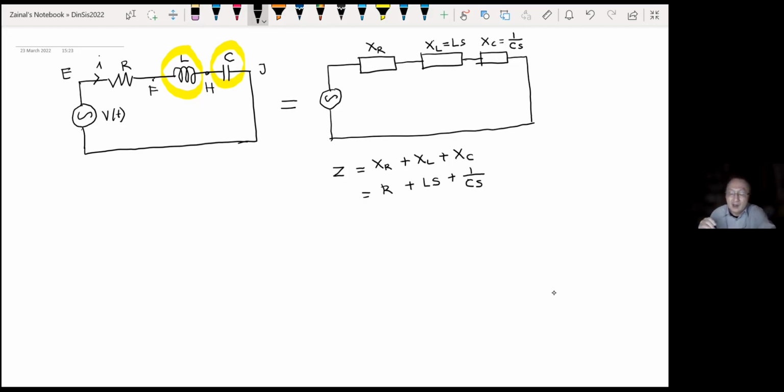Why is this, this is very simple, right?